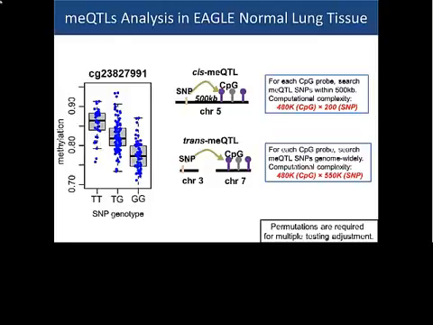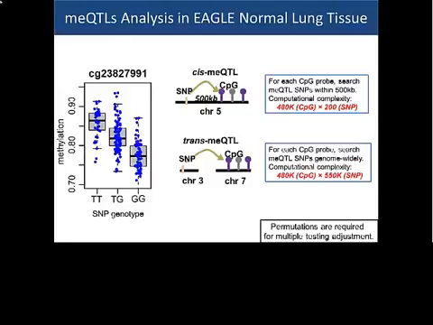But to search for trans associations for CpG sites, we have to search genome-wide for all of the SNPs. So now the computational complexity is the total number of CpG sites multiplied by the total number of genome-wide SNPs. Again, one more thing is that we need to run permutations to appropriately adjust for multiple testing. So as you can see, the computational burden is prohibitive.